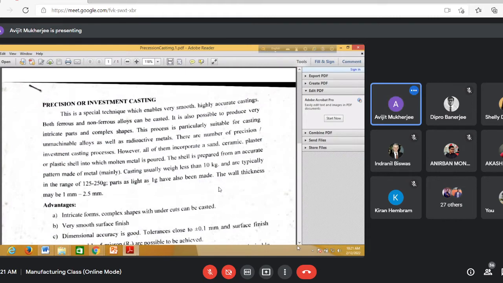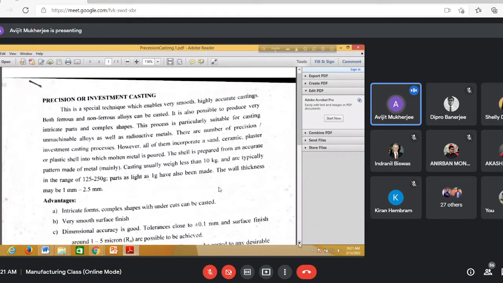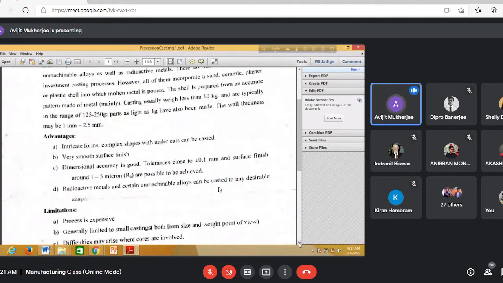That is, surface smoothness and dimensional accuracy. You know about the tolerance, that is the deviation in both upper and lower sizes. You have the idea, say I am preparing a shaft, a cylindrical rod, right? Shaft. So exactly the same diameter, say 1 millimeter, is required. That is not possible to be produced.